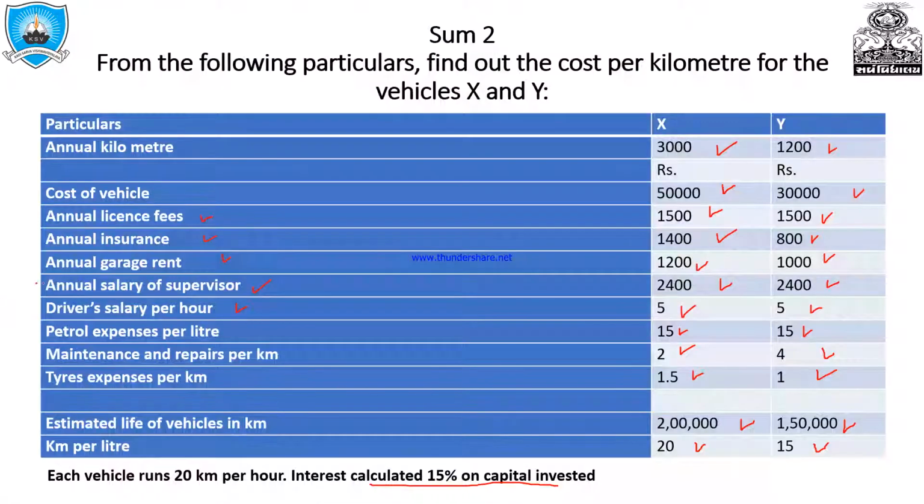The petrol expense is given per liter and we require per kilometer, and the other information given is kilometers per liter. Vehicle X runs 20 kilometers per liter and vehicle Y 15 kilometers.